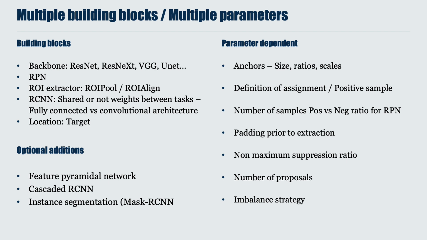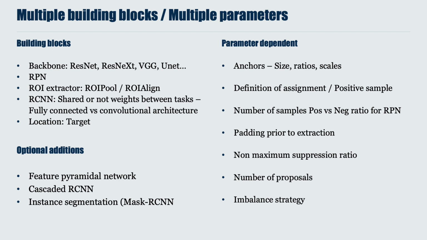So you saw before that in all these two-stage networks, you have multiple building blocks. We mentioned the need for a backbone, for the RPN, for the ROI extractor with ROI pool or ROI align, and the need for the second stage with the RCNN that has either shared or not shared weights between the different tasks, a convolutional architecture or fully connected layers, and where you may change the way you define the target in terms of the location of the box.